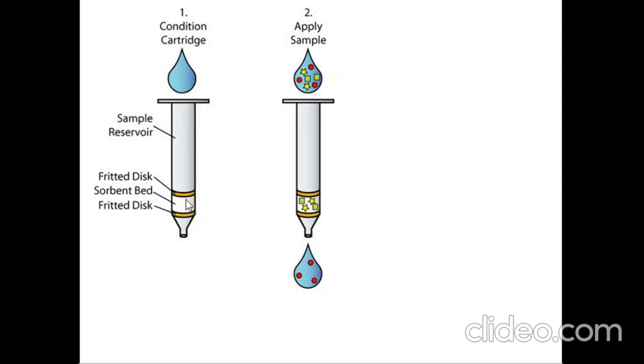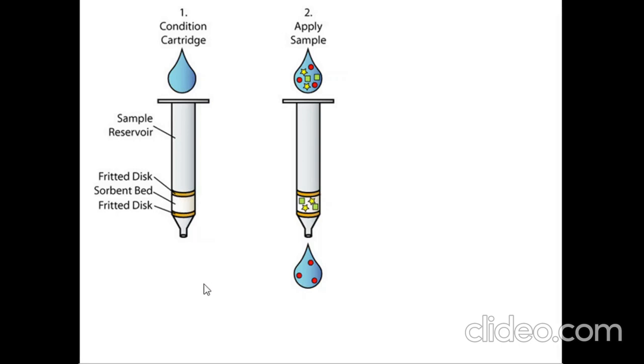Above the solid sorbent and below the solid sorbent you have a porous material, which is referred to as a fritted disc, so that the sample in liquid form does not straight away disturb the sorbent bed.